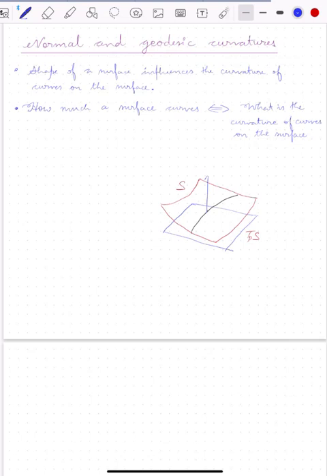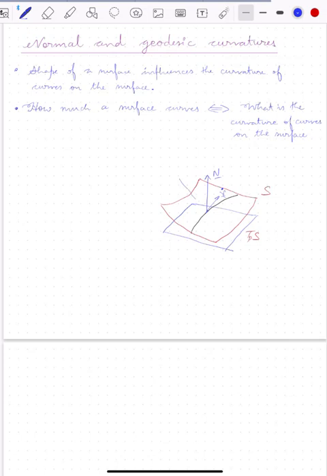So this is the normal to the surface at this point, and the tangent to this curve is given by gamma vector dot. Right? And the double derivative of gamma with respect to the parameter lies somewhere along this line here, which is of course going to be perpendicular to gamma dot.